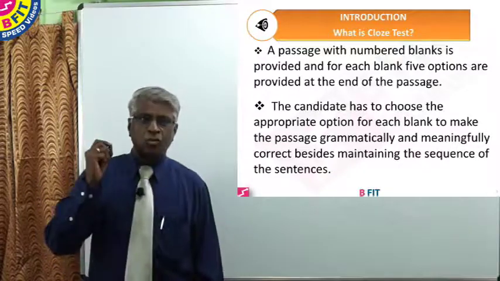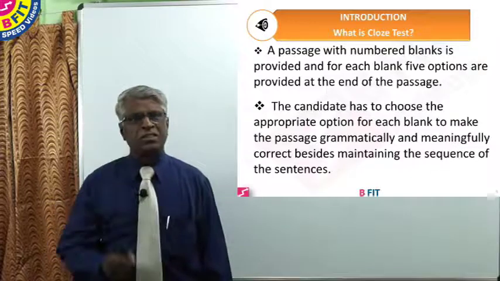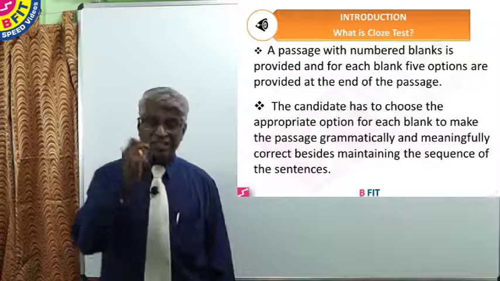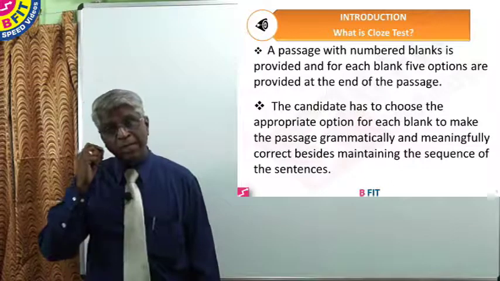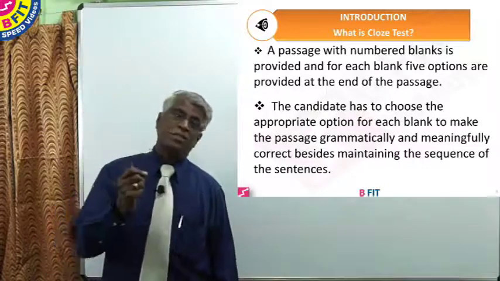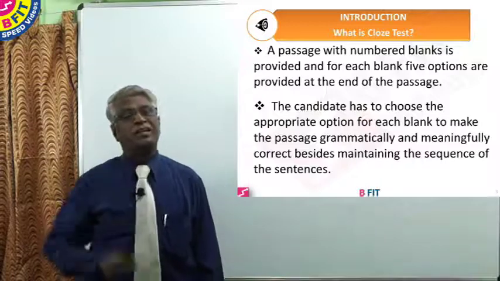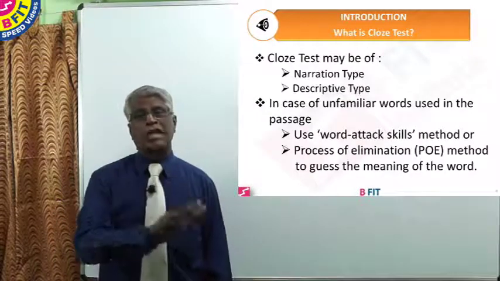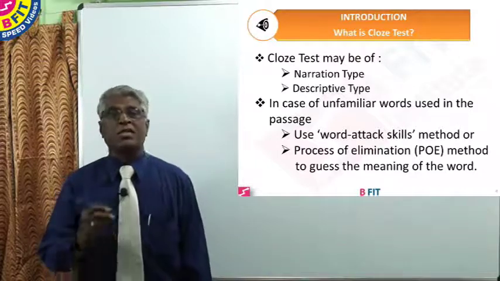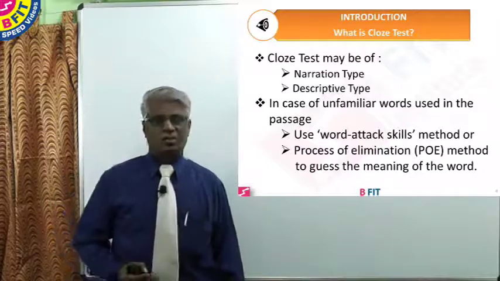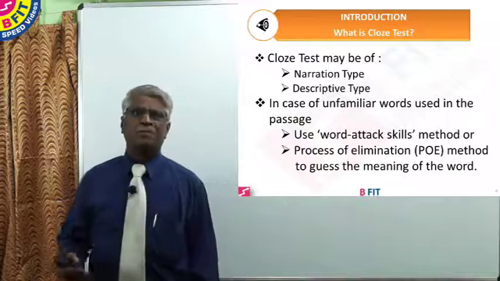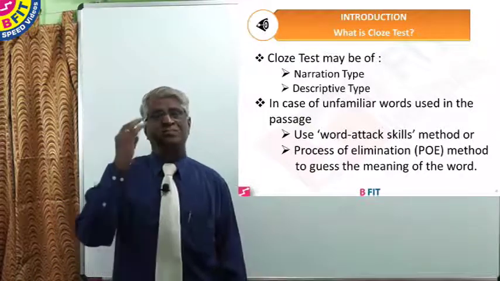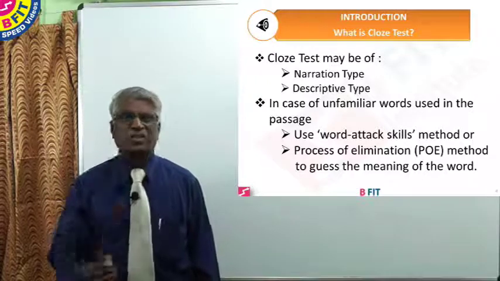And you have to choose the options for each blank so that the passage becomes not only grammatically correct but also meaningfully correct. And there are normally 2 types of passages which are given for cloze test: the narrative type and the descriptive type. Whatever may be the passage, the techniques are the same.